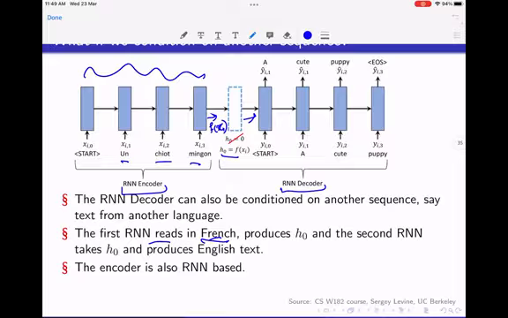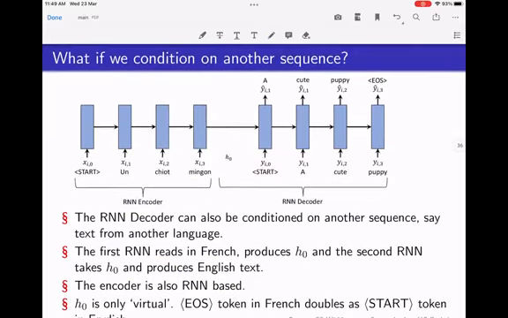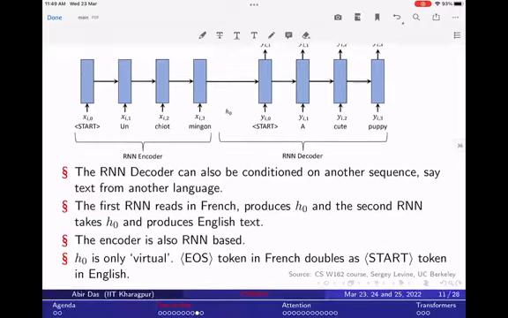So the first RNN reads in French, produces H0, and the second RNN takes H0 and produces English text. The encoder is also RNN based. Previously, for image captioning, the encoder was a ConvNet, and here the encoder is also an RNN. Both are RNN.